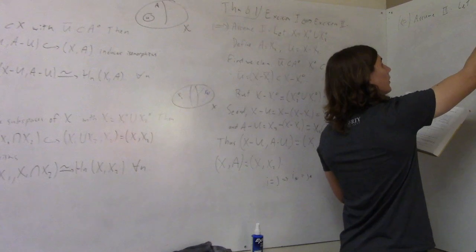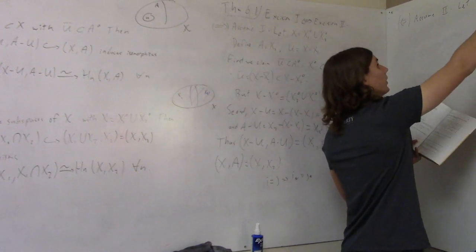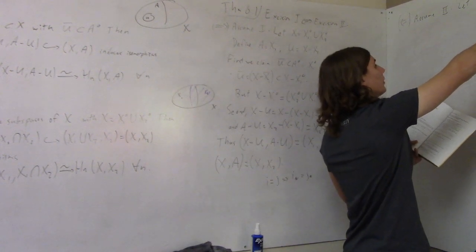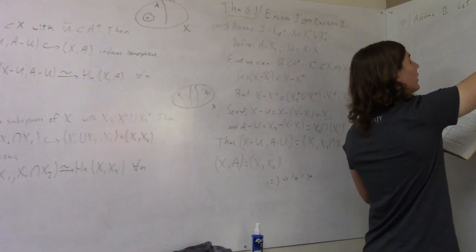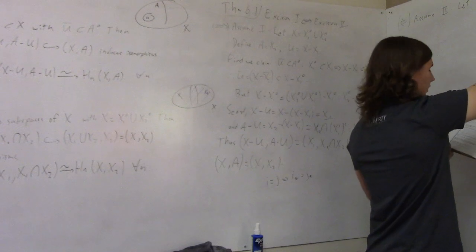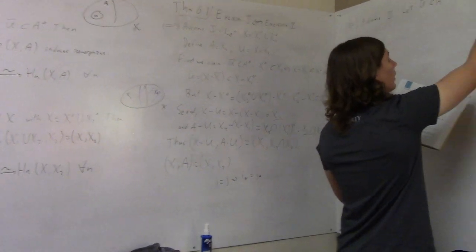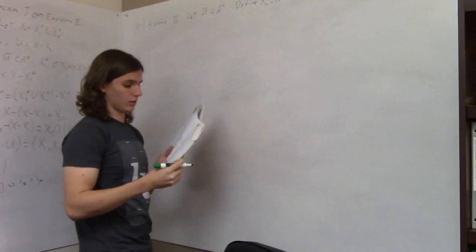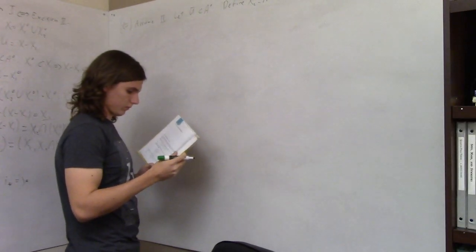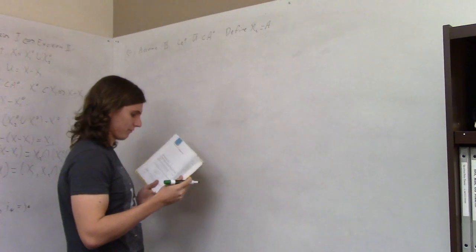So we start with, for Excision I, we have these two subspaces with closure of U a subset of interior of A, and define x1, x2. x1 equals x minus u.